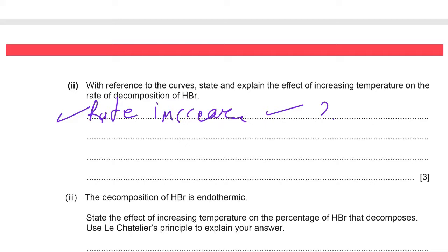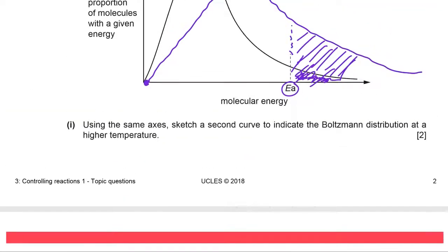Why? According to the collision theory, the number of collisions is increased. Then, according to the curve, the area above the activation energy at higher temperature is larger than the area above the activation energy of the previous one. So it's very clear, this shaded part at higher temperature is larger than this area at low temperature.